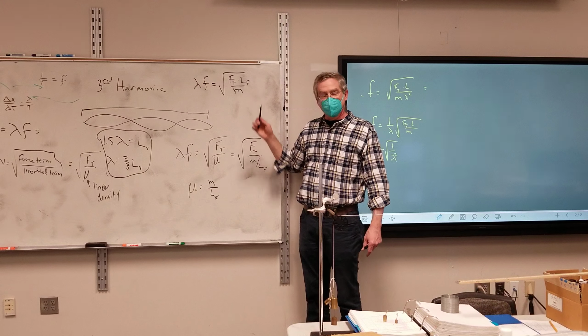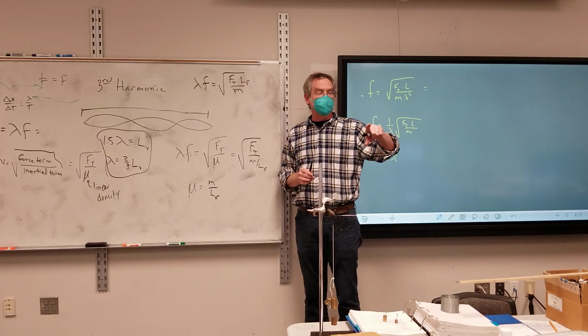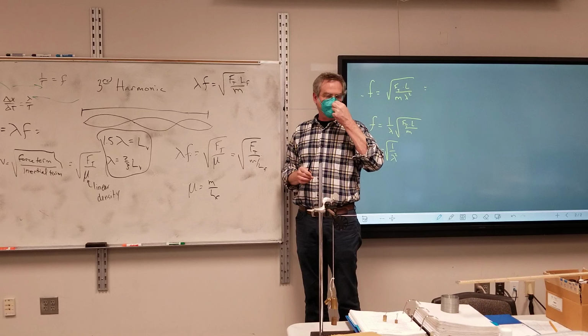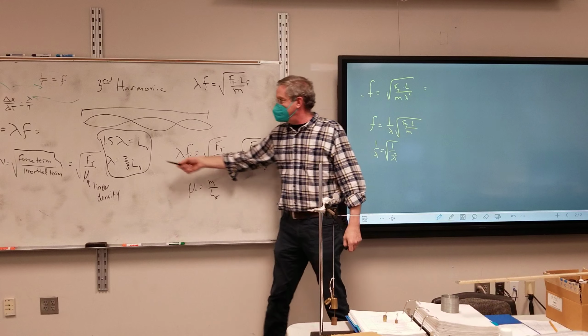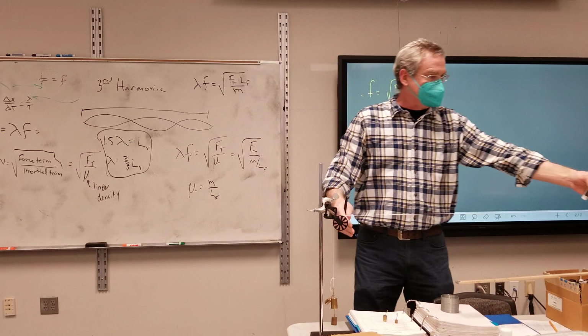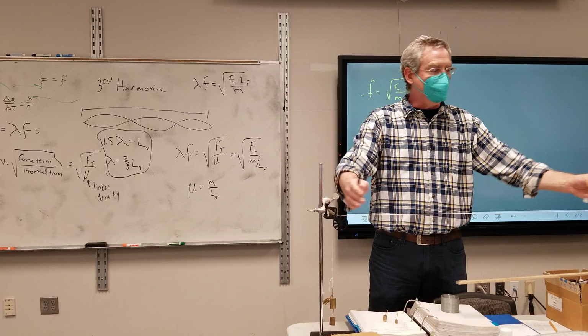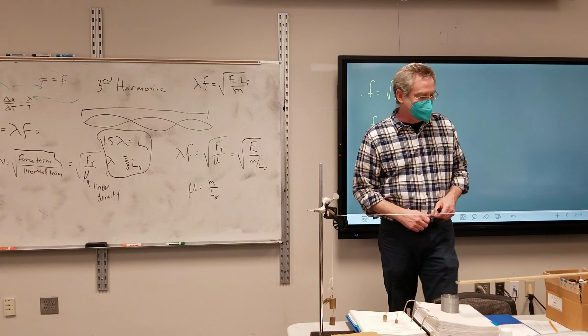The full length is the one that we'll be using for determining the string density, the linear density. So that's just the entire length, and that's just the length of one of the waves. That L sub v is just the length of this. The full length would be from tip to tip.